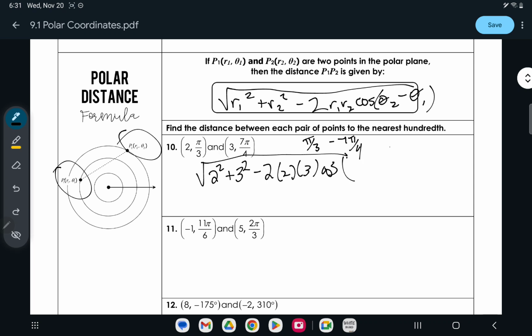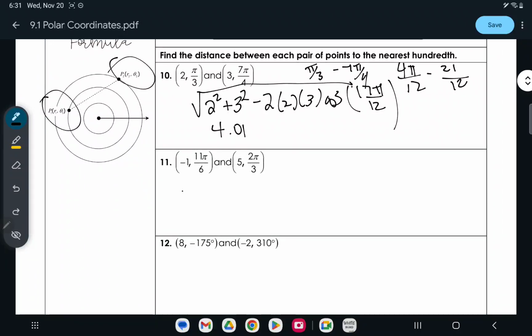Let's see, common denominator of 12. So 4 pi minus, I think I actually have them backwards, but it doesn't matter. It's just the difference between them. And 3 times 7, so 21 over 12. So it'll give me negative 17, so they have a difference of 17. So 17 pi over 12. And I can throw all of that in the calculator to get 4.01.